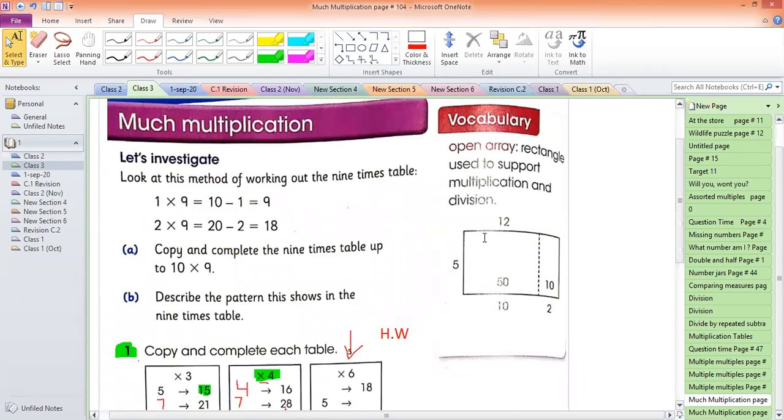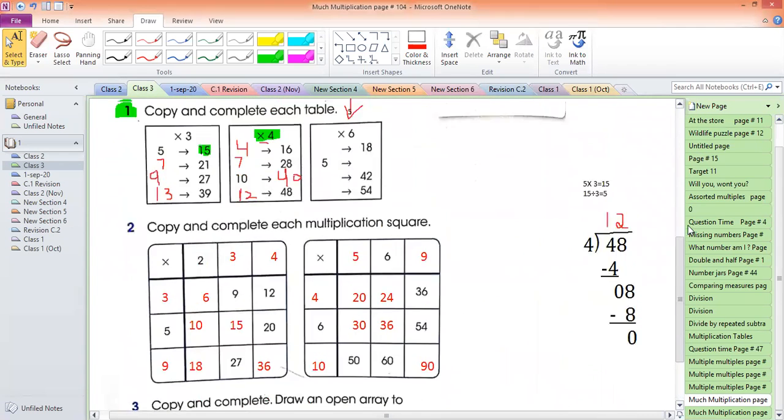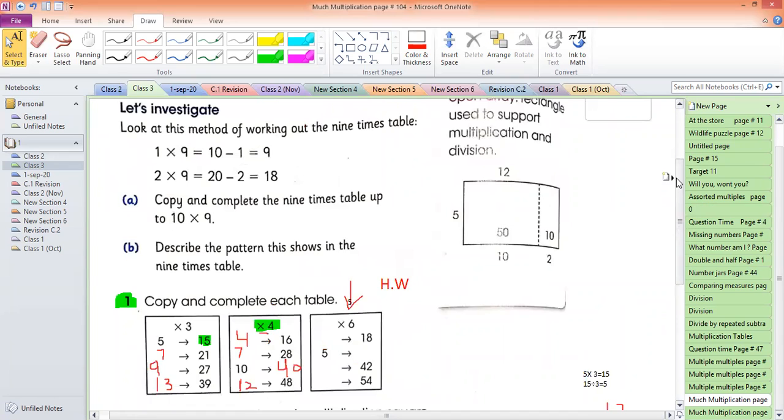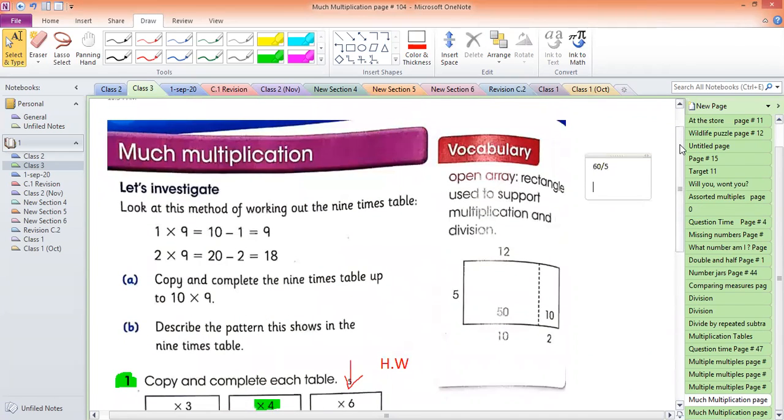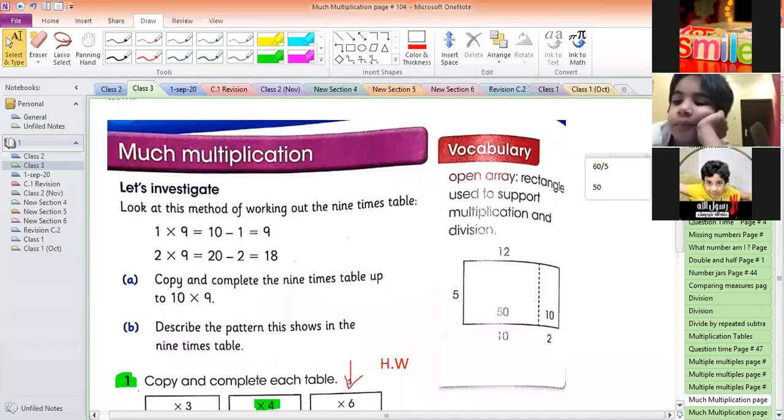If you need to divide any number, like here in the example, this is 60 divided by 12. So what you will do, guys, is break the 60 into two numbers. 60 is very easy, you break it into 50 and 10.